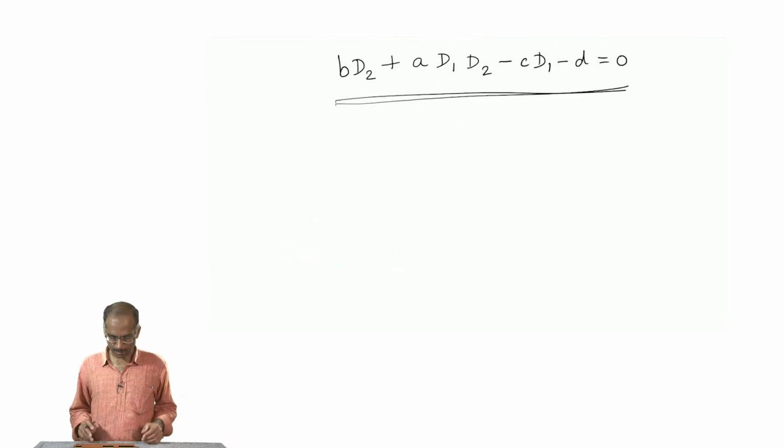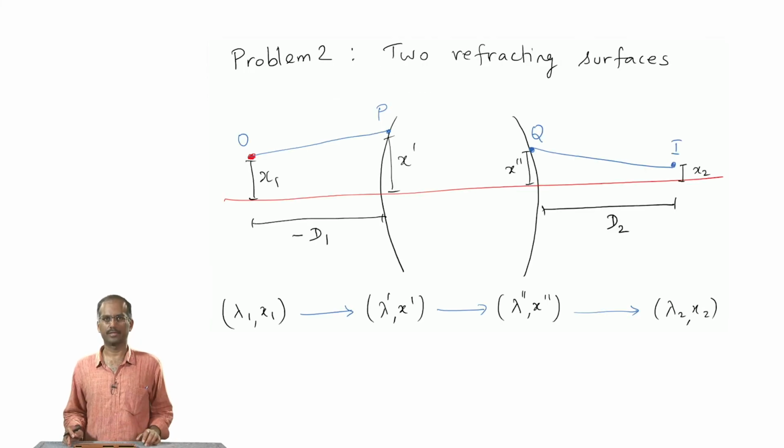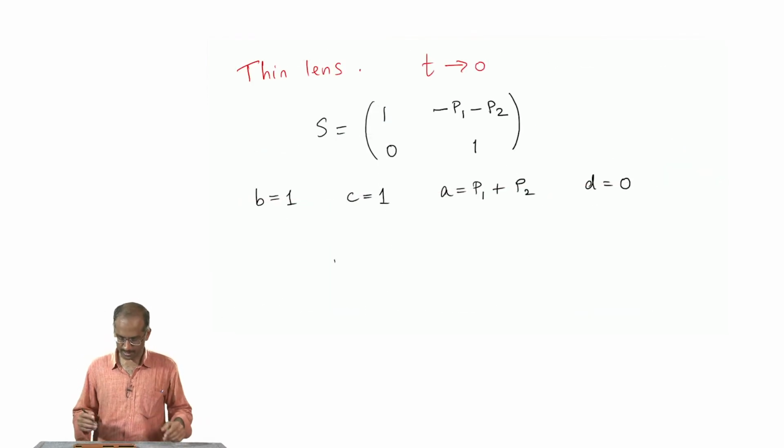So, to relate d1 and d2, we said that this is the condition, we derived it from the case of two refracting surfaces. So, if I substitute these A, B, C, D values there, I get the following equation.